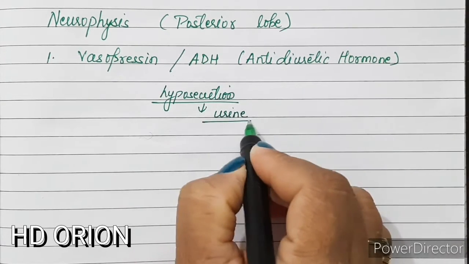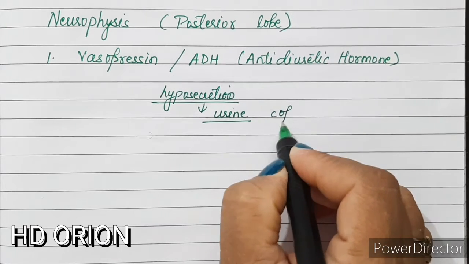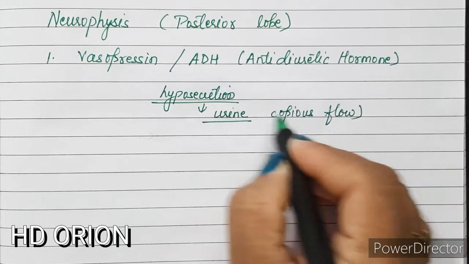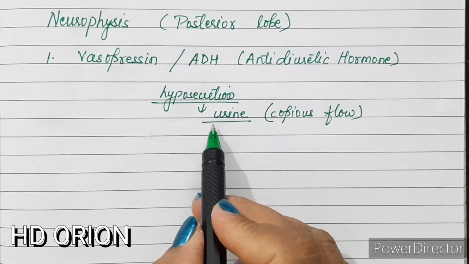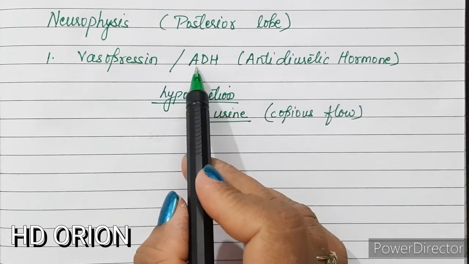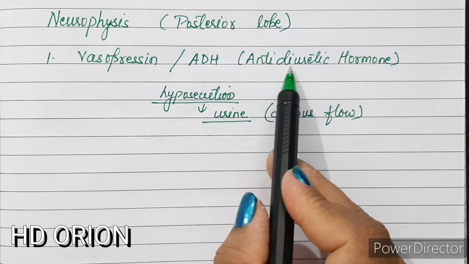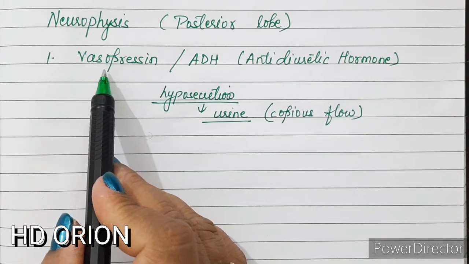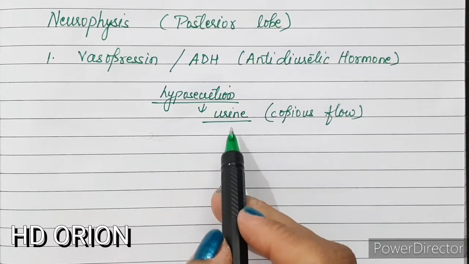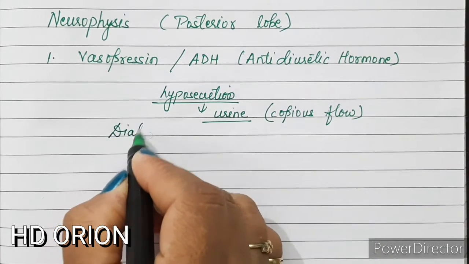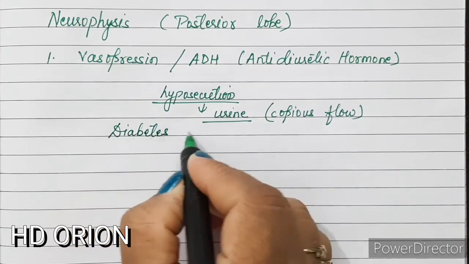So the urine will be produced copiously because water is not reabsorbed due to the hyposecretion of ADH, also known as vasopressin. This condition in which there is copious flow of urine out of the body is known as diabetes insipidus.